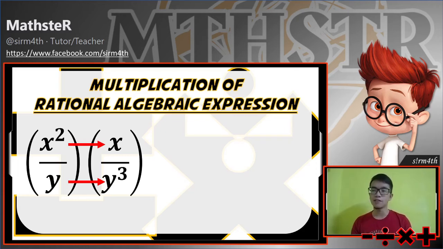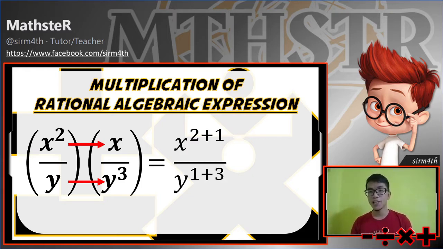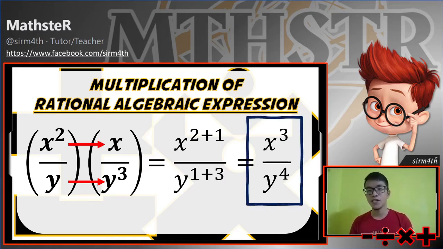Kaya naman, siya ay magiging x raised to 2 plus 1 over y raised to 1 plus 3. So, pag kinuha natin yung sum ng exponent ng x at yung exponent ng y, yun na yung ating magiging final answer. Since x cubed and y to the fourth cannot be further simplified, yun na yung ating magiging final answer.